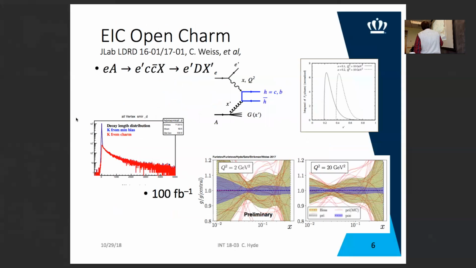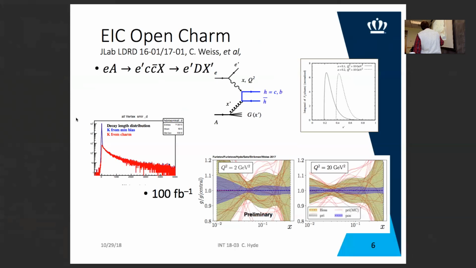So we can do eA to open charm. This is the basic diagram that we expect to dominate. Of course, we have an issue that we don't detect charm quarks directly, but if we can tag the presence of a D or a D bar, we have a high confidence that is well quantified that we are, in fact, probing this photon-gluon fusion diagram.